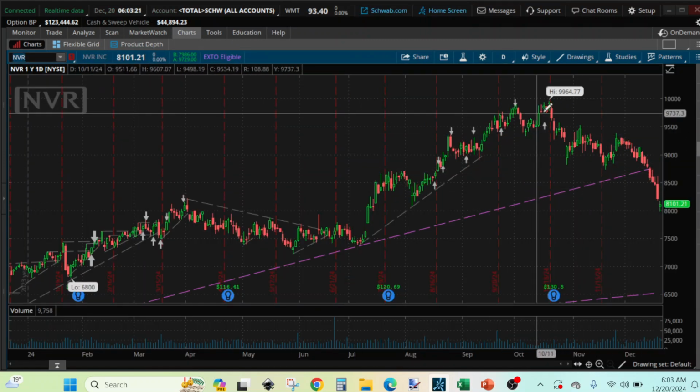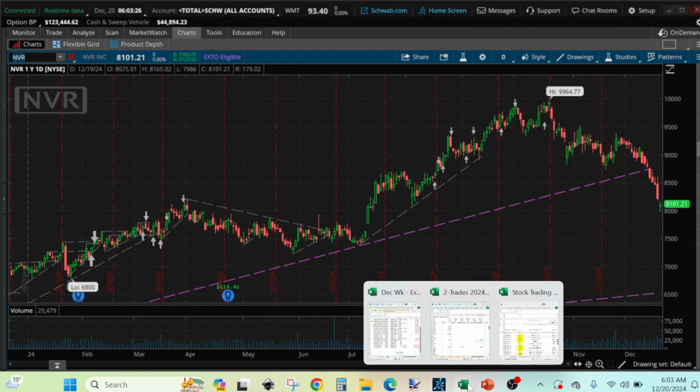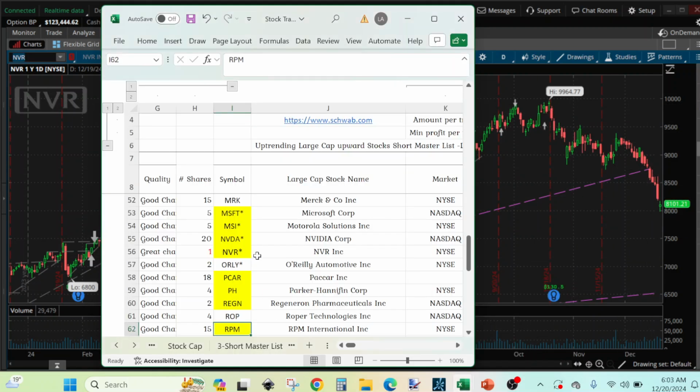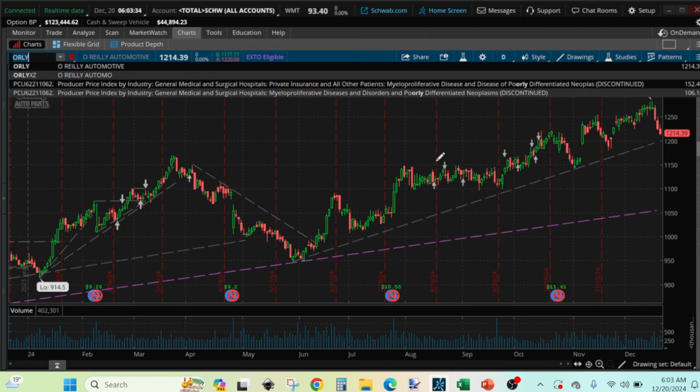NVR, we bought it somewhere there, and right now it's going down. ORLY. We are waiting to buy it on this line. And as you can see, the arrows on top tell us where we sold them, and the arrows at the bottom tell us where we bought them.